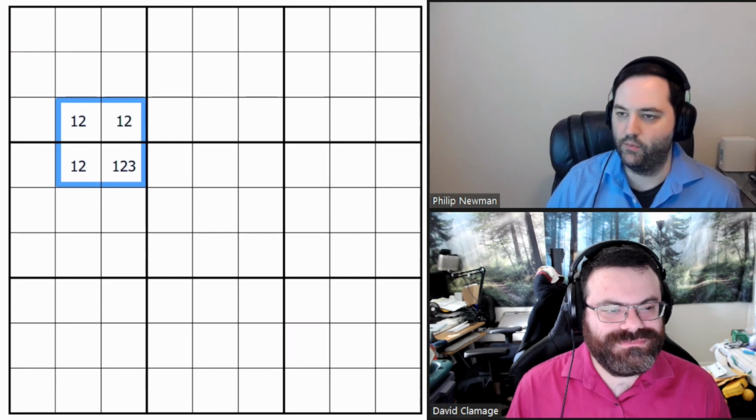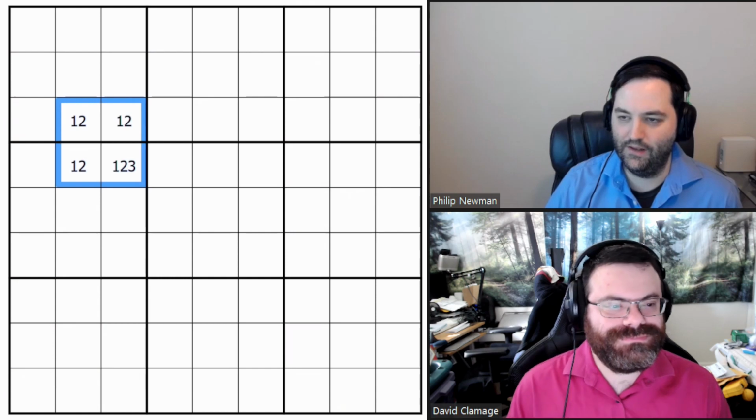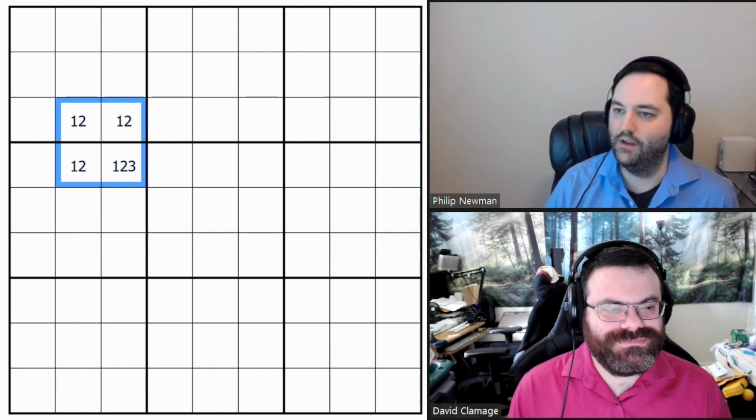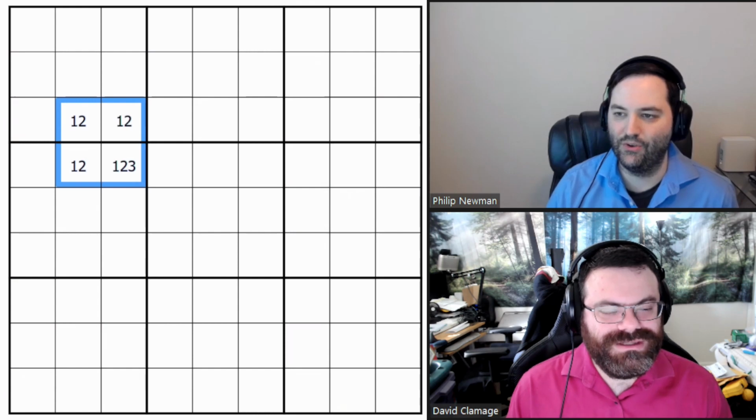Sometimes that is the best way forward to solve the puzzle in a reasonable amount of time. But my personal feeling is, unless you go into the puzzle knowing that uniqueness is what you're going to need, and the guarantee that it has a unique solution, then it's a little sketchy to require it.